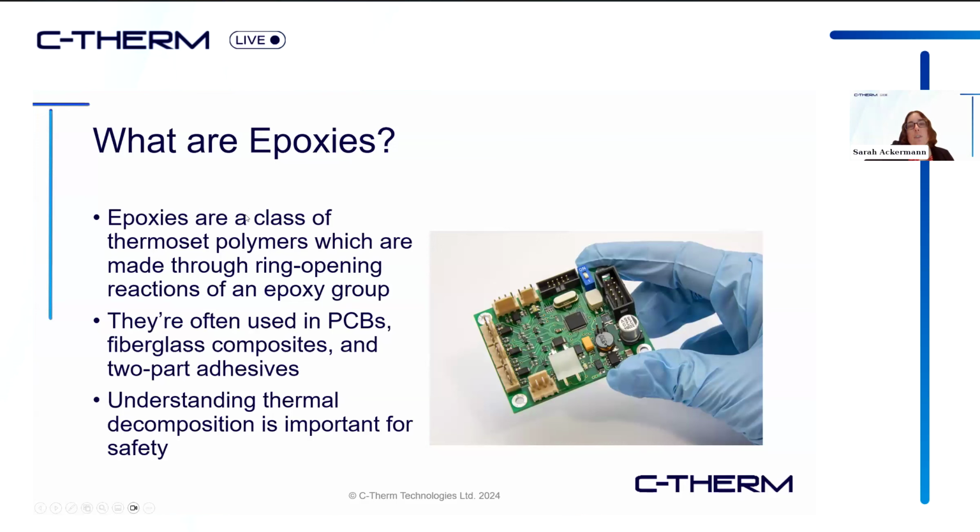So moving to the next application note, we're going to look at epoxy resins. Epoxy resins are a class of thermosets that are usually made by a ring opening reaction of an epoxy group. An epoxy ring is a 3-membered ring with an oxygen bonded to 2 carbons.